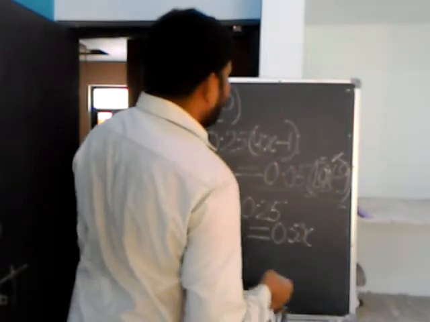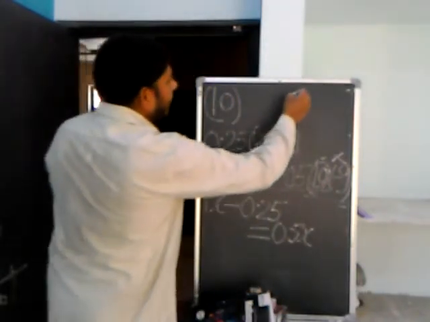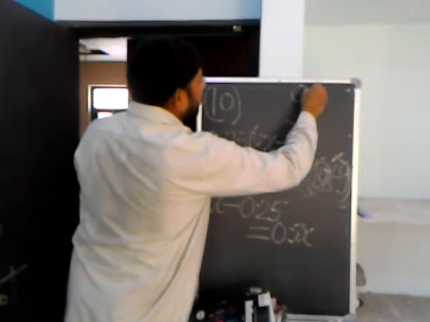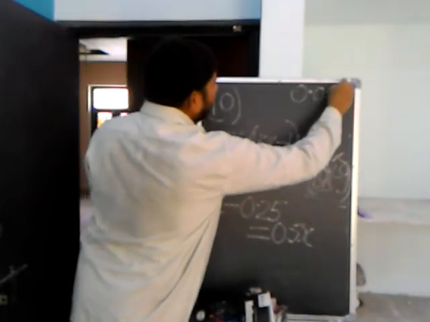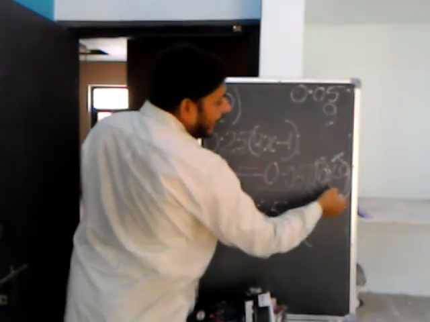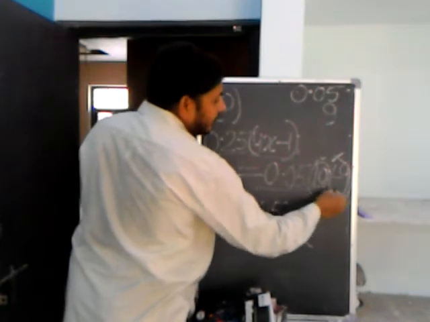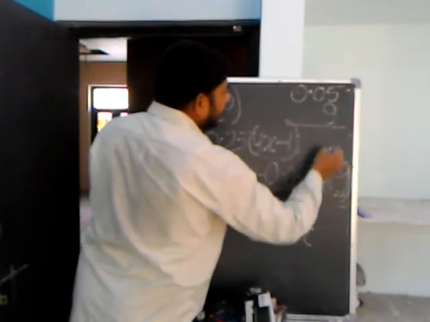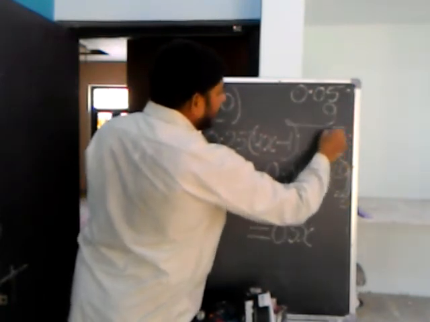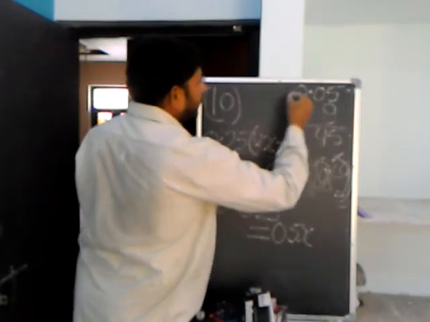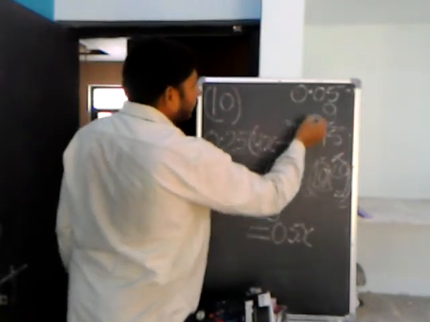And if I multiply 0.05 by 9, 9 5s are 45 and again 0, 0.